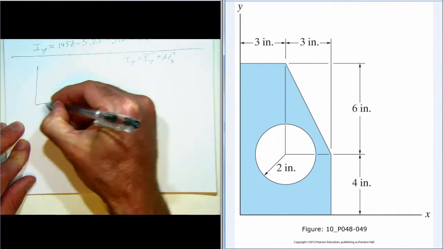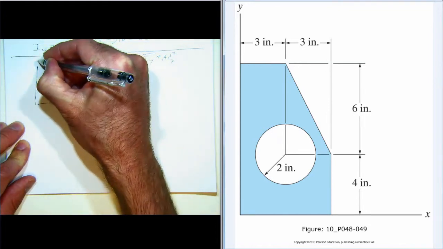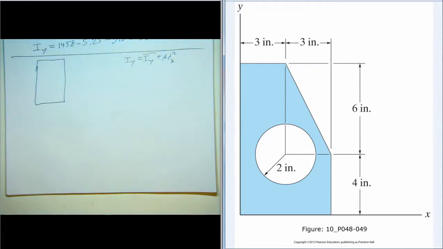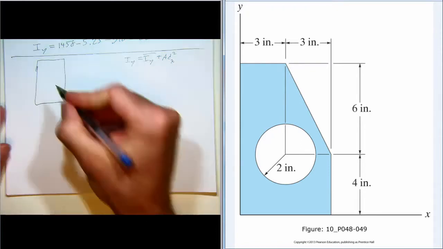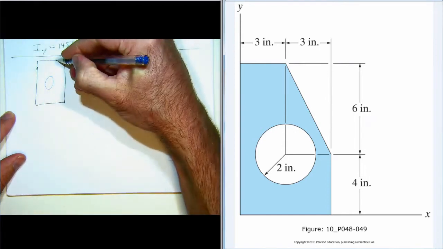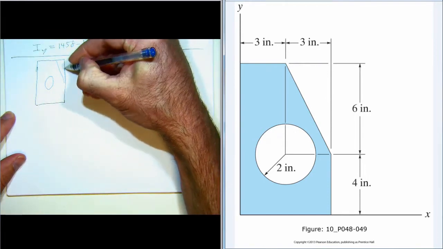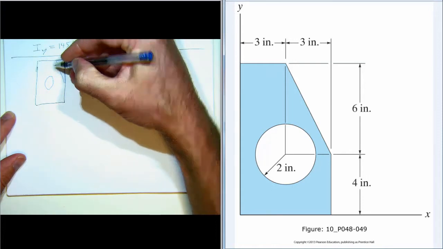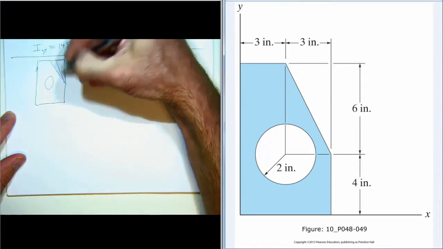And so here's how I look at the figure. We've got a rectangle, and then again 2 voids. There's one void, and here's another void. It's poorly drawn again.